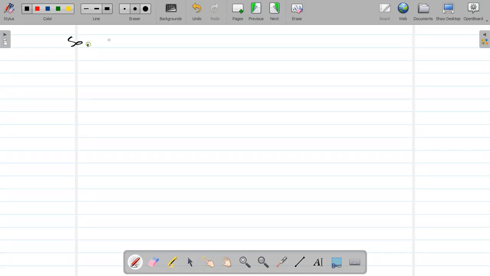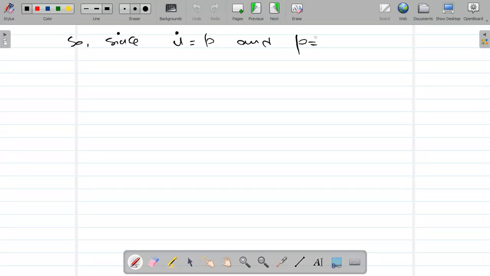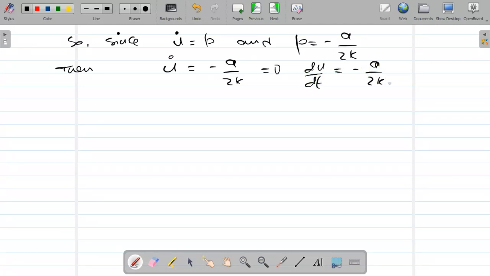So since u dot equals p and p equals, and I have to look at it, minus a over 2k, then we've got u dot equal to minus a over 2k, or if you like, du by dt equals minus a over 2k.